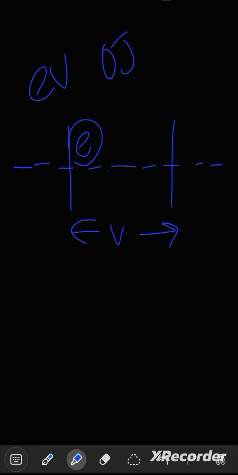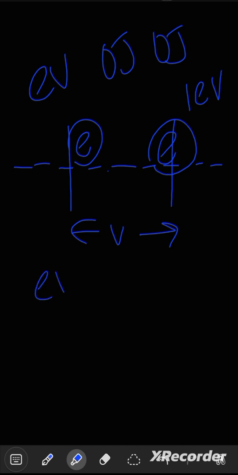We placed a lone, stationary electron in this potential difference, so the kinetic energy would also be 0. By the time it comes to here, it would have gained an energy of 1 electron volt, because this is 1 electron and it has moved across a potential difference of 1 volt.